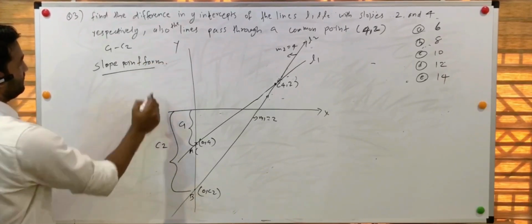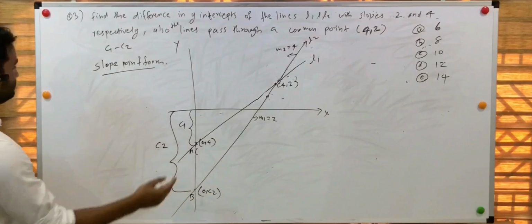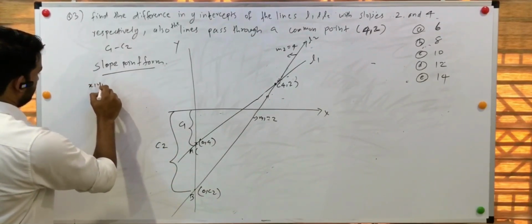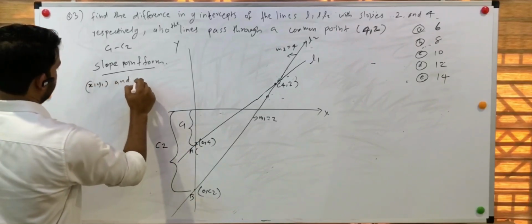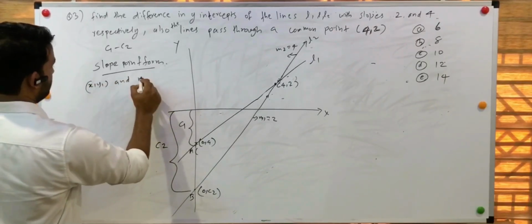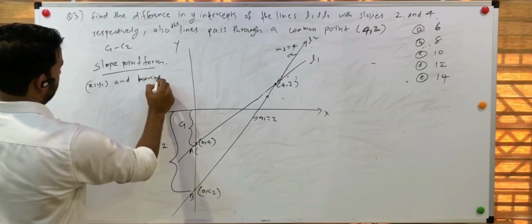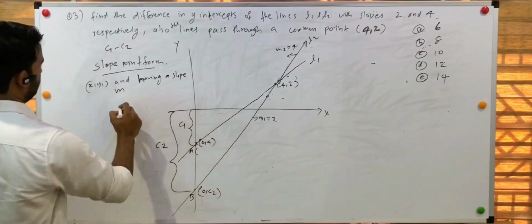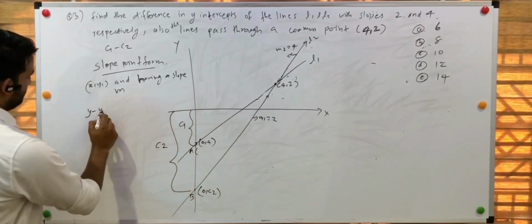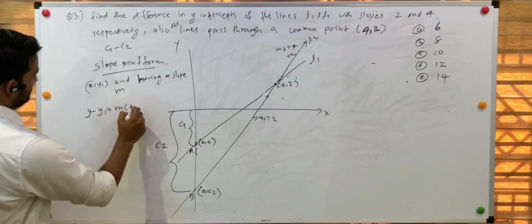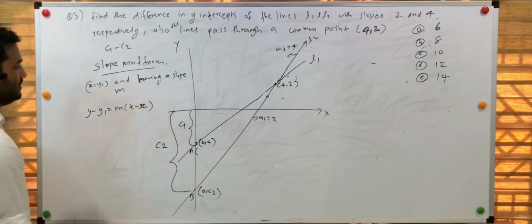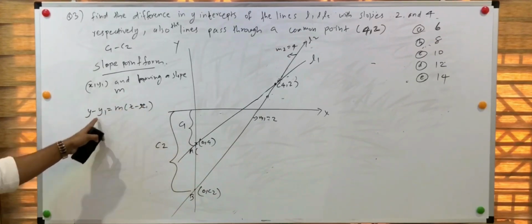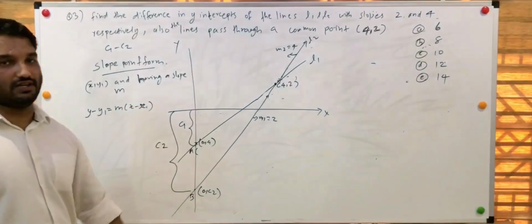Slope point form of a straight line which passes through a point (x1, y1) and has slope m is given by y minus y1 is equal to m into x minus x1, where m is the slope of the straight line and (x1, y1) is any point on the line.